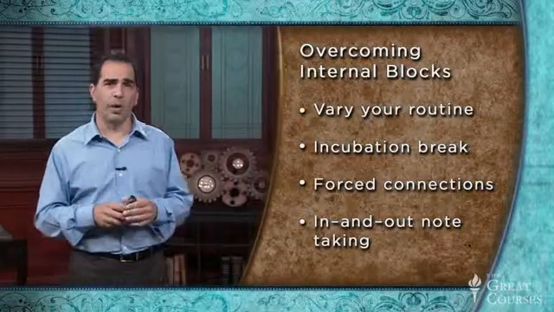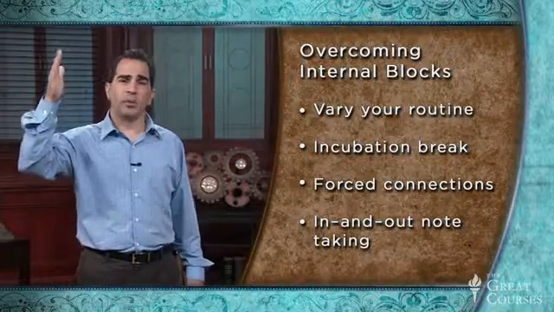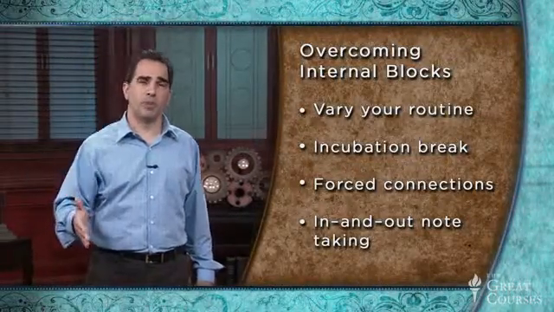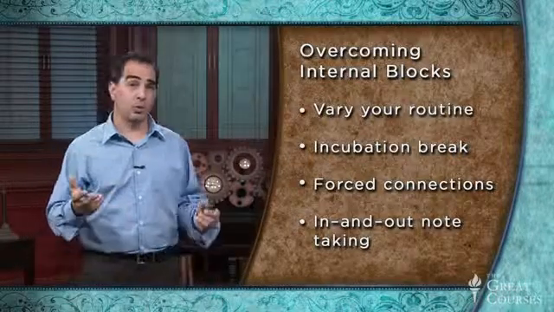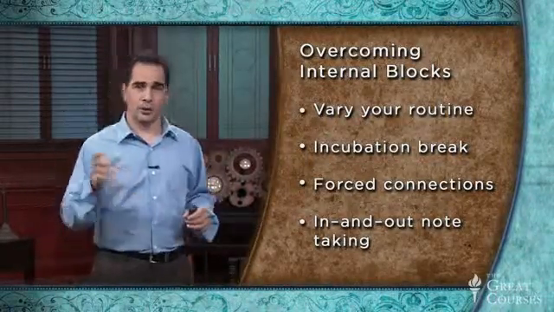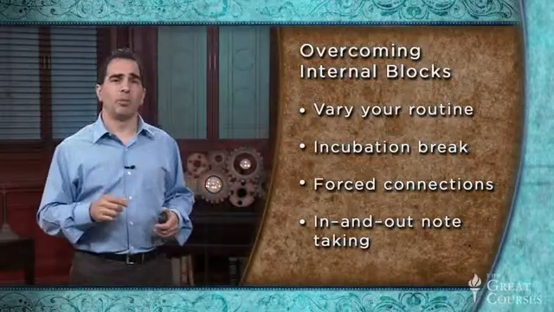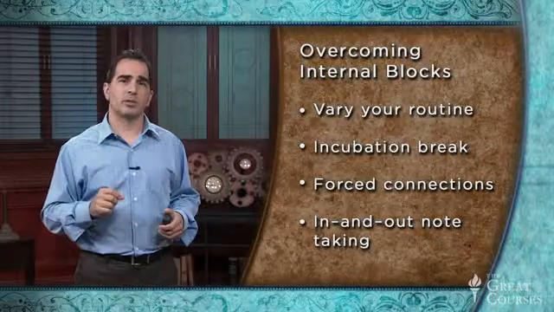It's a simple tool. The way it works is, when you're in a meeting, you draw a line down the center of the piece of paper you're taking notes on, or if you're using a computer, you create a Word document that has 2 columns in it. The left column we label our in thoughts.